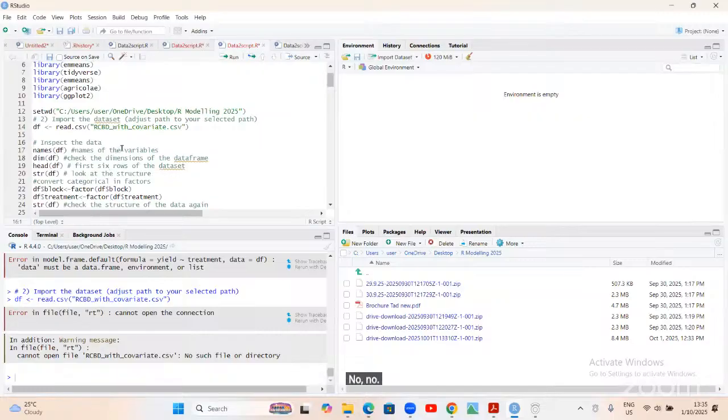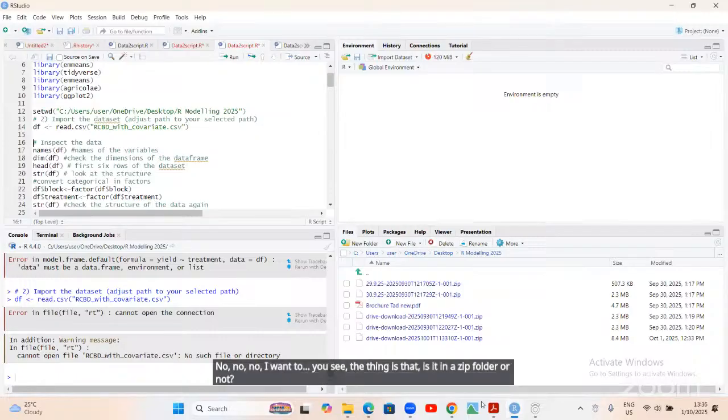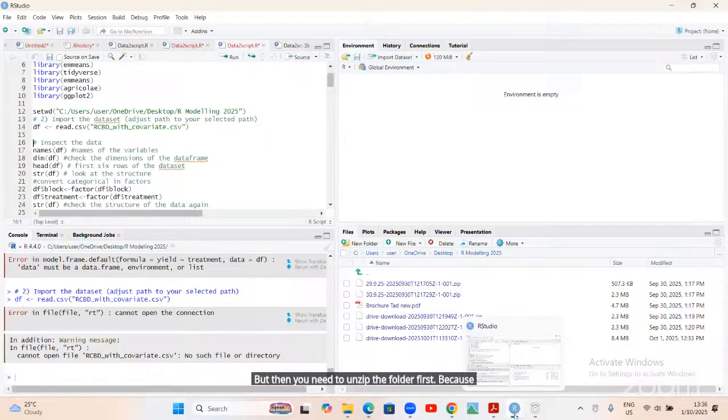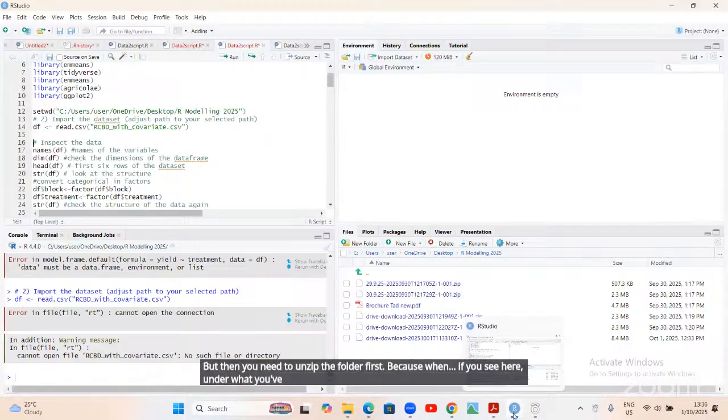No, I want to know, is it in a zip folder or not? Yeah, it seems to be a zip folder. Then you need to unzip the folder first, because here under what you opened, we have the drive, and they are all ending in .zip.